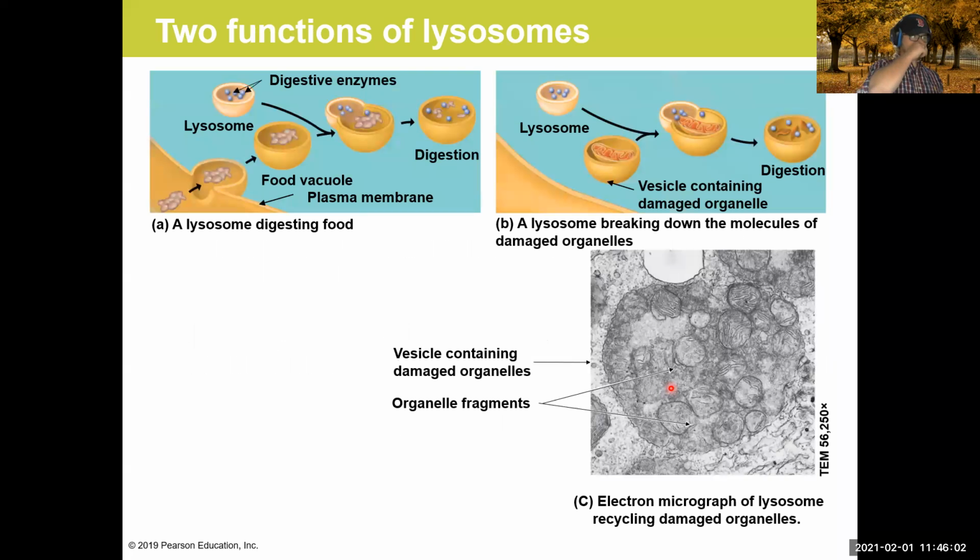Here we have an example of a lysosome breaking down food molecules, and then you have a lysosome breaking down a damaged mitochondria into its individual components. And so you have a vesicle here on the TEM that's breaking down some organelles that need to be recycled.